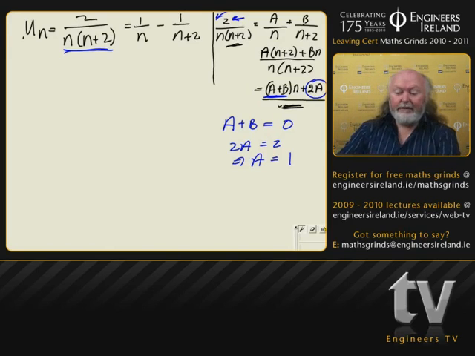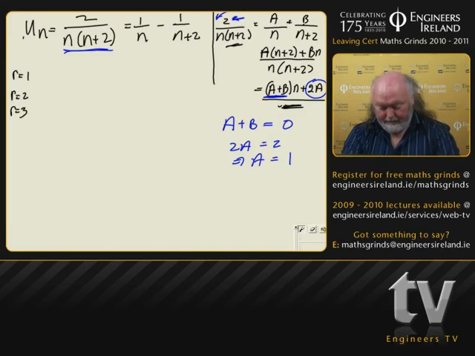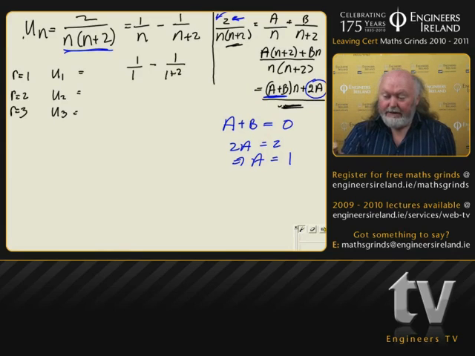Now let's look at the telescoping of this. What's it equal to? The first one, 1 all over 1, which we know, obviously, is 3.